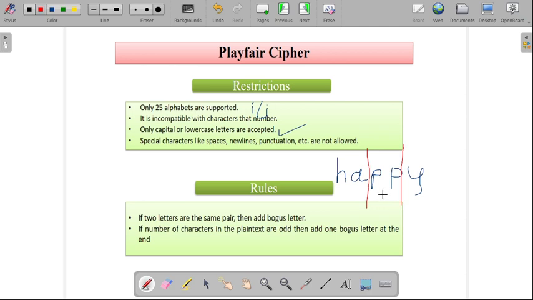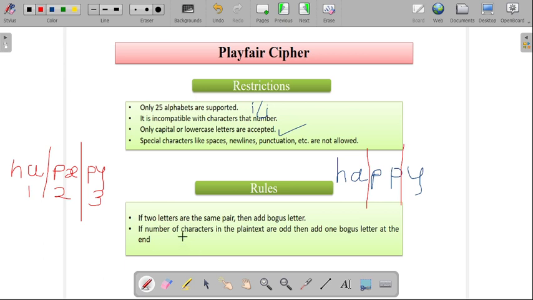So we have to add one bogus character. Our plaintext grouping will be HA in one group, then we add the bogus character X, giving PX, and then the next group is PY. So we are dividing our plaintext into three blocks.